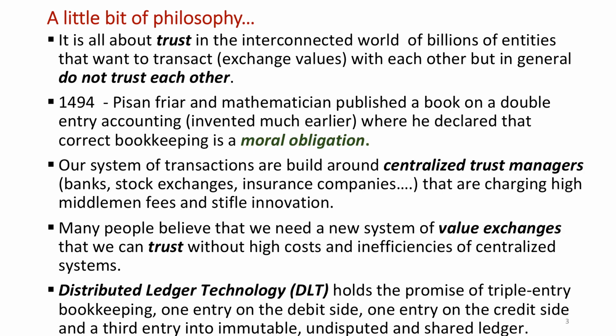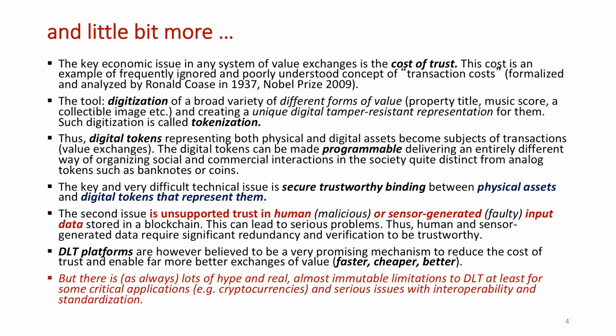So-called distributed ledger technology is really designed to do that. And besides these two entry points here, we have a third entry into something that people call immutable, undisputed, and shared ledger. I will explain what that means in a second.